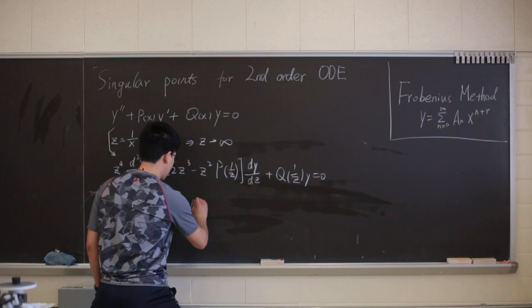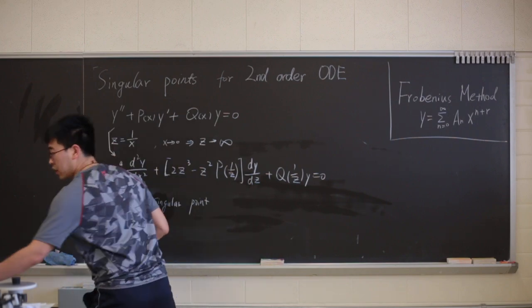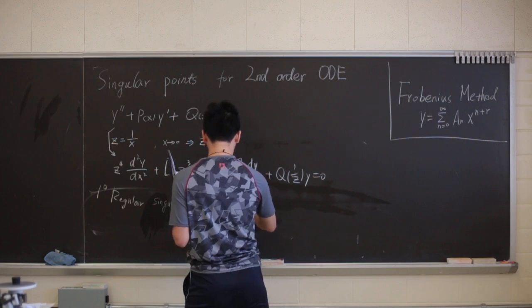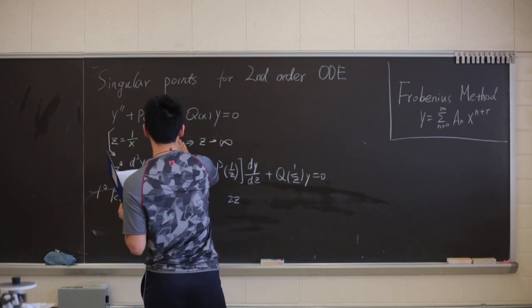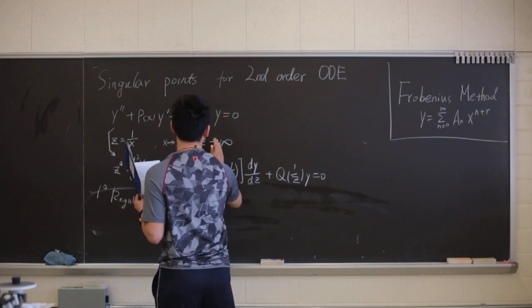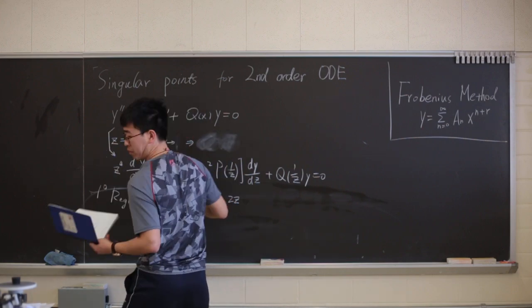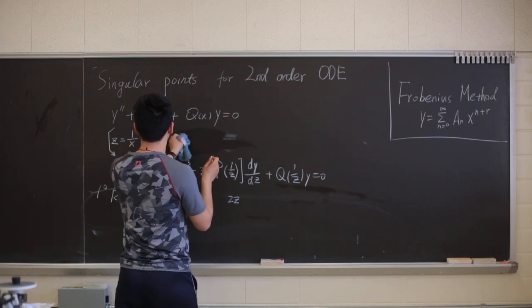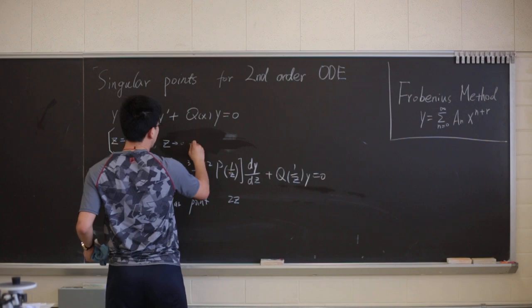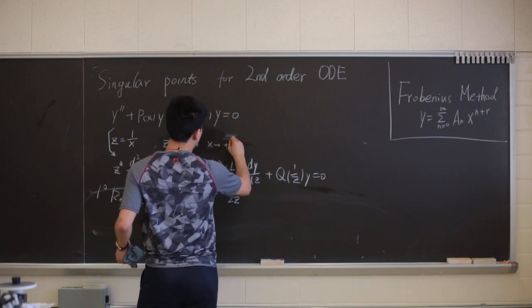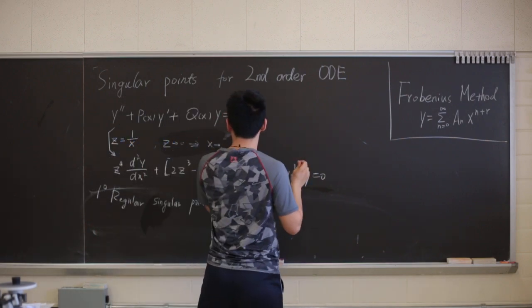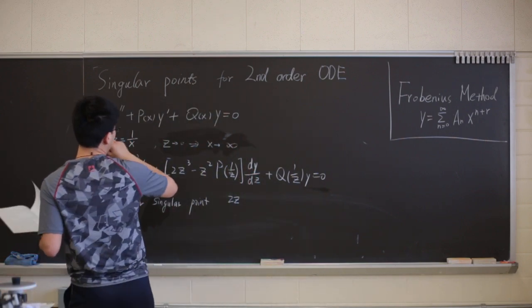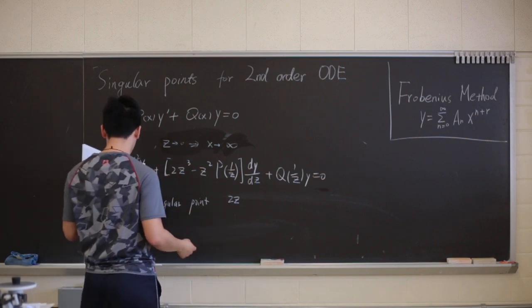Positive or negative infinity depends on which direction you're approaching z to 0.